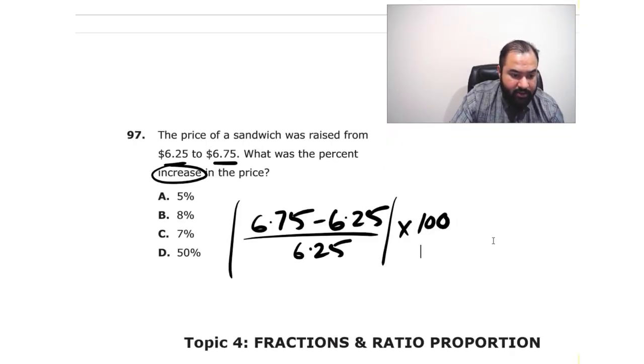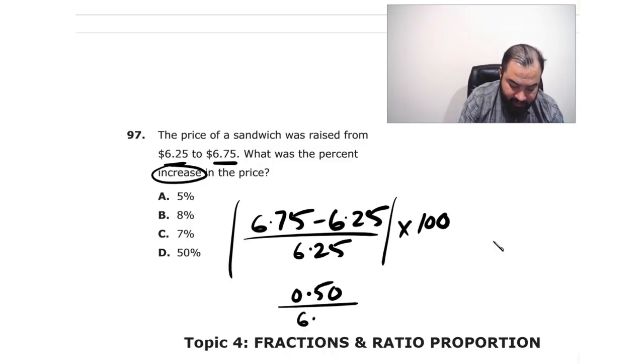Well, when you just subtract, what do you guys get? 7 minus 2 is 5, I think 0.5, over 6.25 times it by 100. So I can move, as I said, the 2 decimals to the right. So that will be 50 over 625 times 100.